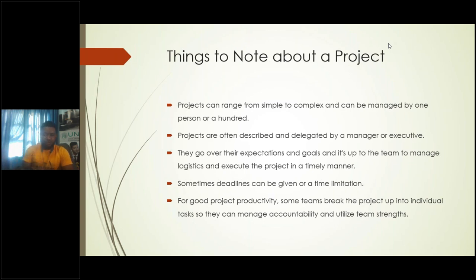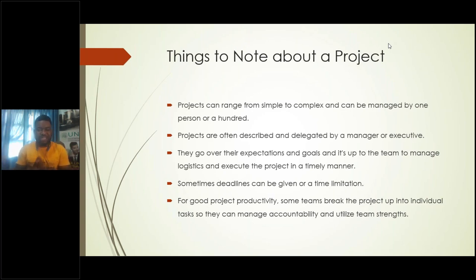If I am the project sponsor and I decide to identify you as the project manager, I'm expecting that at the end of that project, when you're done, the specifications of that project, what I'm seeing, must fulfill my requirements. It must fulfill the reason why I asked you to undertake that project. I shouldn't come to the project site when the project is completed and see something different. So that's it.